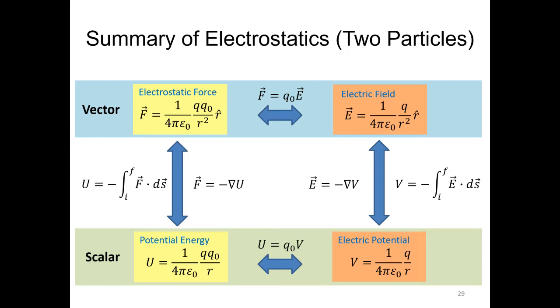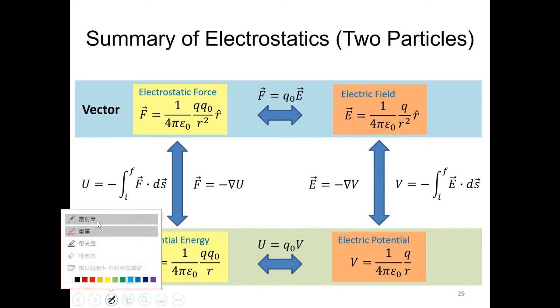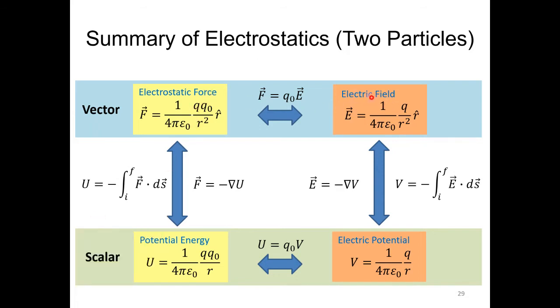For the upper row, we have electrostatic force and the electric field. Both of them are vectors. And on the lower row, there are potential energy and electric potential. They are scalars.